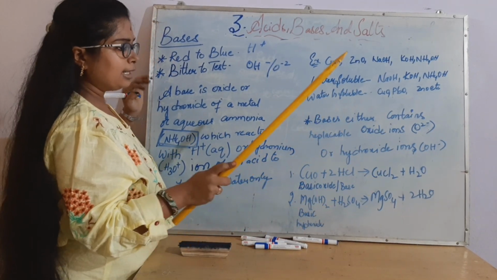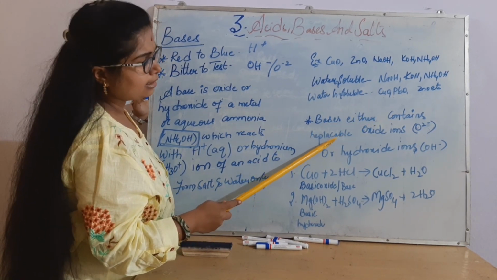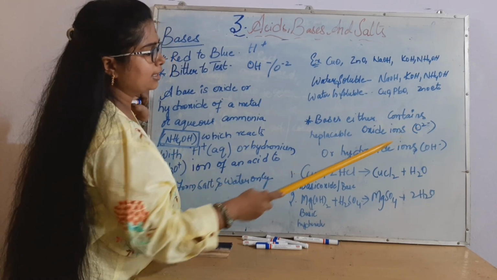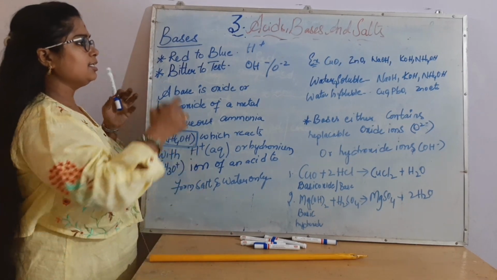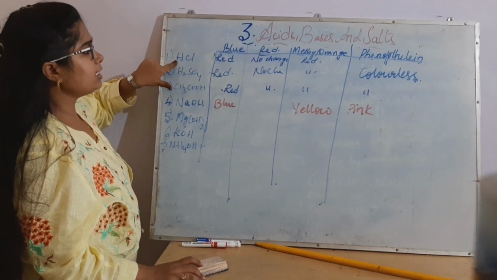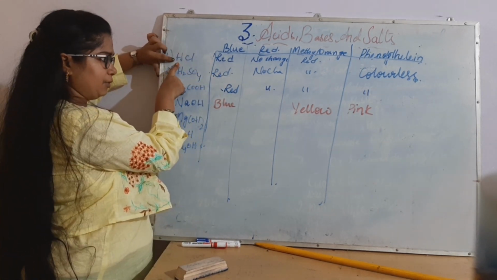But what happens in an aqueous solution? Bases contain either oxide ions, O2 minus, or hydroxide ions, OH minus. Now see, HCl: the H plus ion is going to come out when you add it to the aqueous solution.